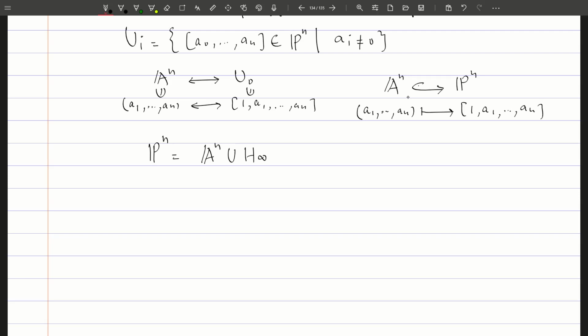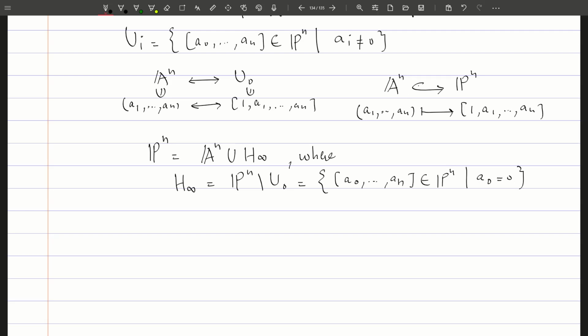H infinity is the set of all the points of P^n other than the points in U0, which are the points of the form (a0, ..., an) in P^n whose zeroth coordinate a0 is 0.